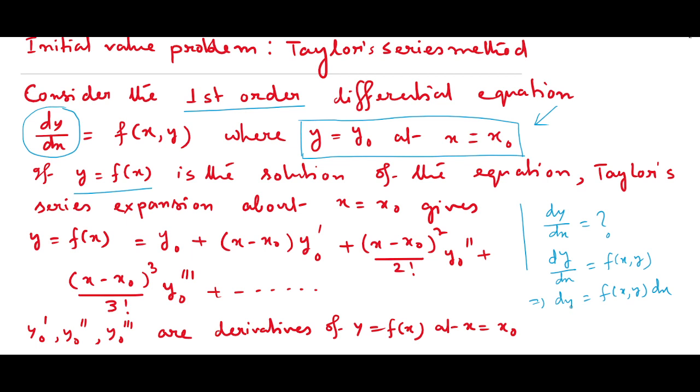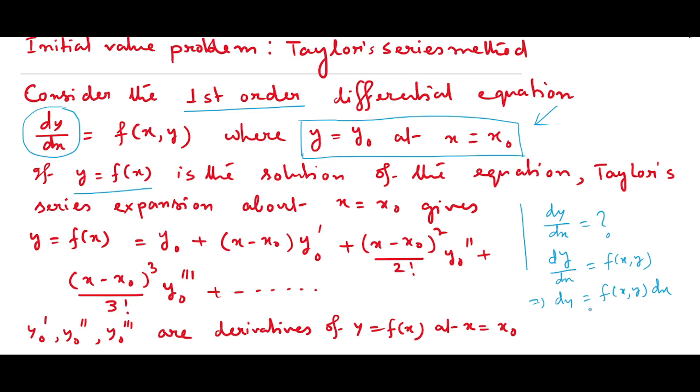In first order differential equation, there are so many methods: separation of variables, exact differential equation, linear equation of first order and first degree. By applying those methods also, we can find the solution of this particular equation. But here, the similar type of equation we are asked to find under Taylor series method. So that's why we use Taylor series method.